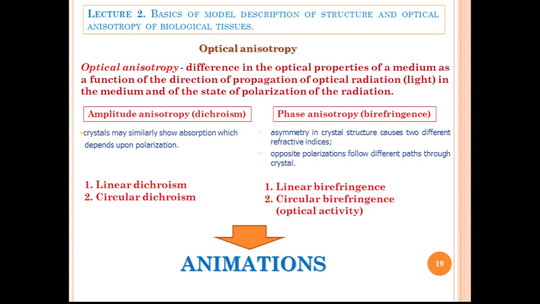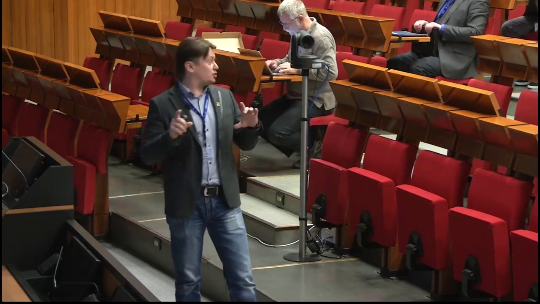So one can separate amplitude anisotropy, so-called dichroism, and phase anisotropy, called birefringence. Crystals, and biological tissue is a polycrystalline structure, may similarly show absorption which depends upon polarization. So for different polarization states of illuminating beams, the absorption will be different.